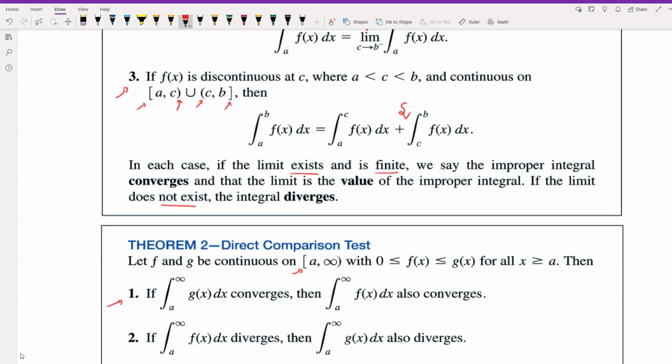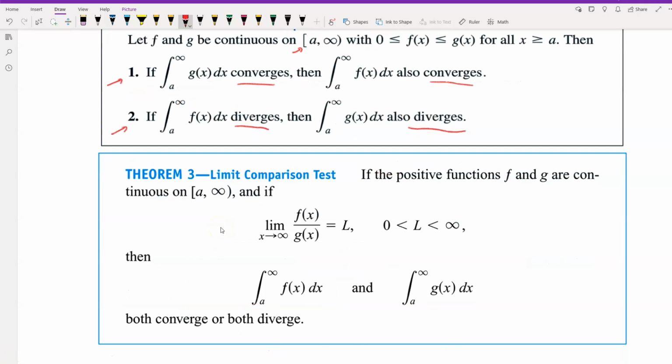Then number 1, if the integral from a to positive infinity of g of x dx converges, then the integral from a to positive infinity of f of x dx also converges. Number 2, if the integral from a to positive infinity of f of x dx diverges, then the integral from a to positive infinity of g of x dx also diverges.